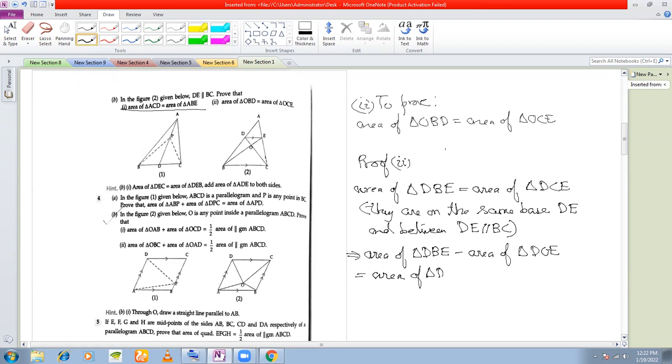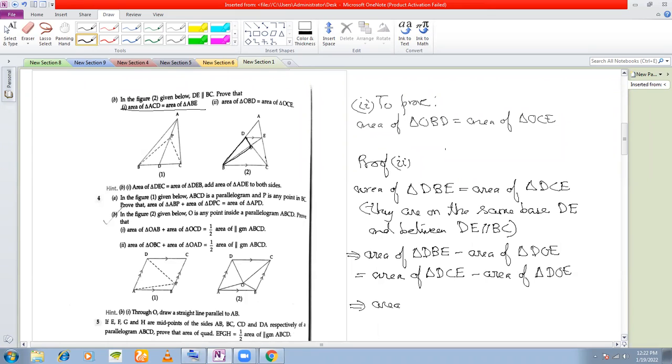Area of triangle DCE minus area of triangle DOE, right? So from DBE, if I subtract DOE, I'm going to get this triangle, right?